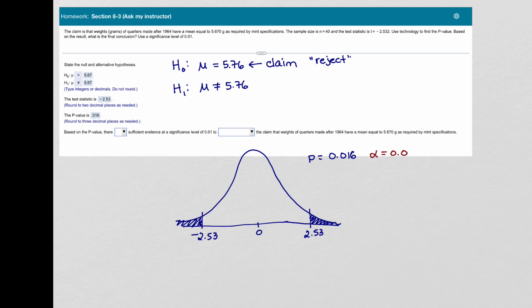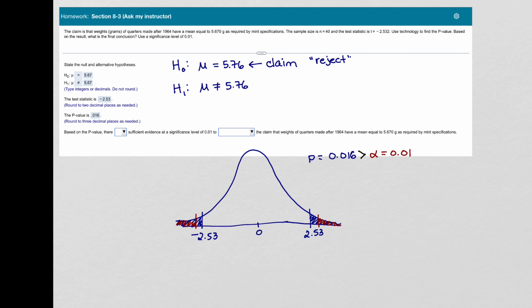which is 0.01. Since the p-value is greater than alpha, so that means that alpha would be something a little bit more like this. So this area, we don't have to find those critical t-values. We're just comparing the p-value to alpha.